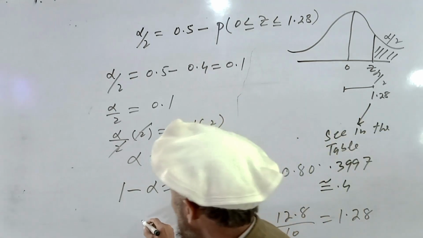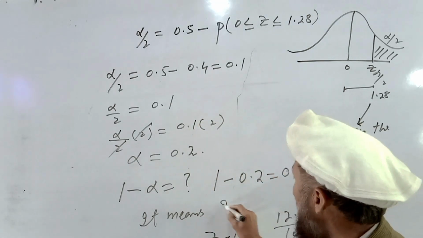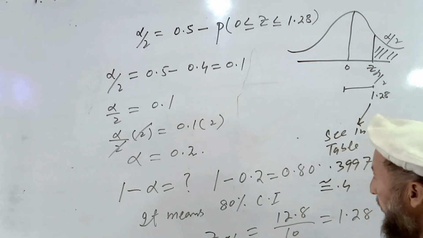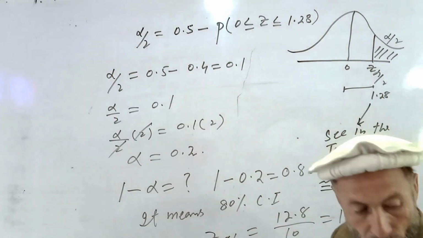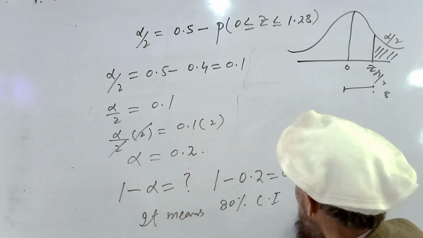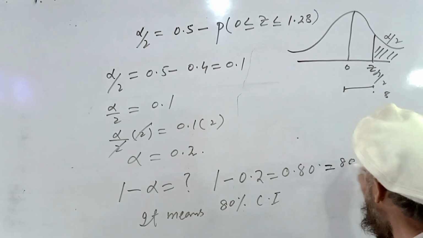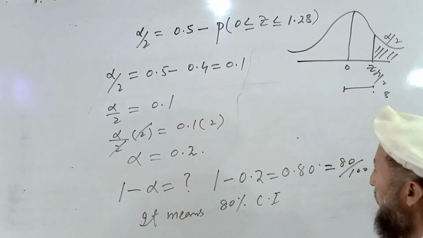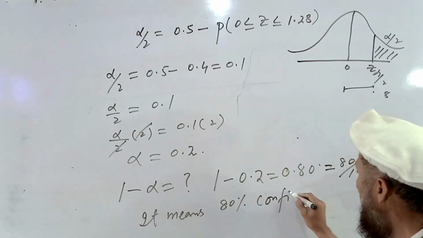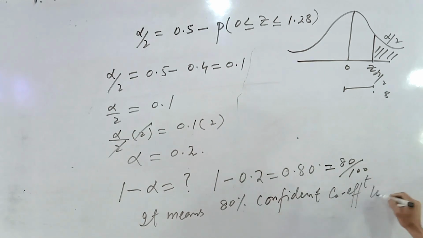It means that an 80% confidence coefficient was used. We can write this as 80%. So it means that an 80% confidence coefficient was used.